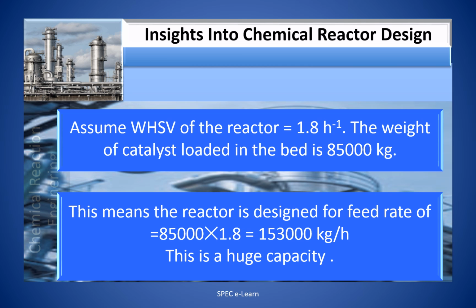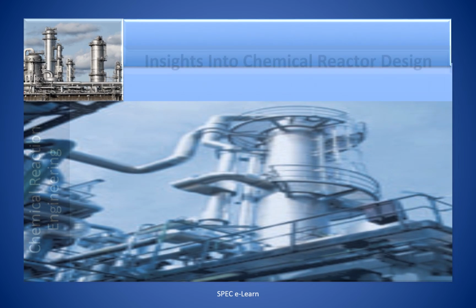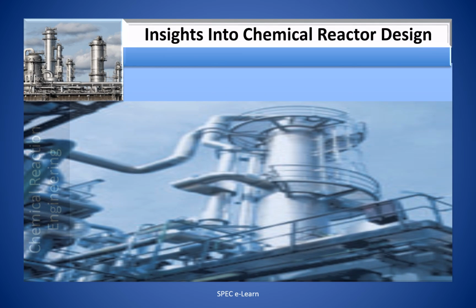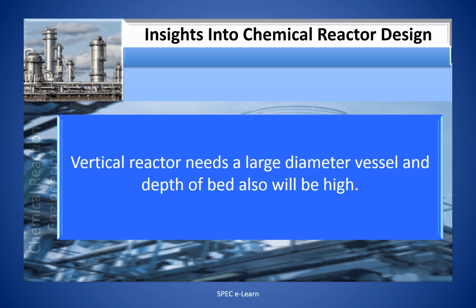This is a huge capacity. Compared to the horizontal reactor, a vertical reactor in this application needs a large diameter vessel, and the depth of the bed will also be very high.